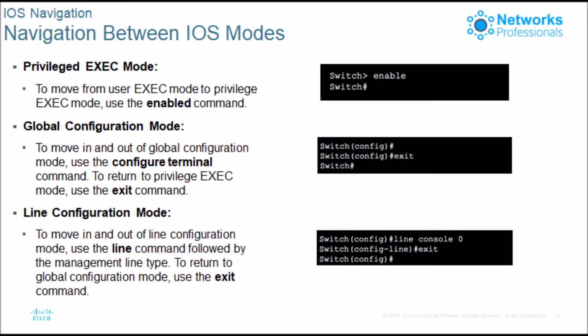There are many different sub configuration modes as shown in the example. To enter line configuration mode, you can use the line command followed by the management line type and number you wish to access. Use the exit command to exit a sub configuration mode and return to global configuration mode.